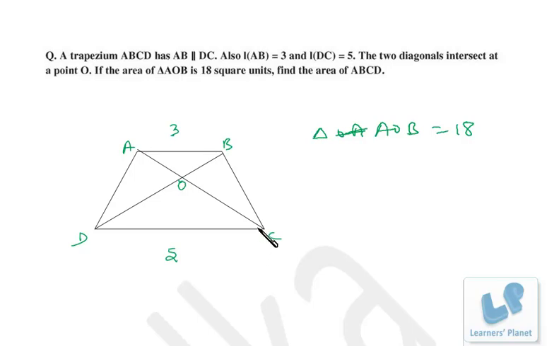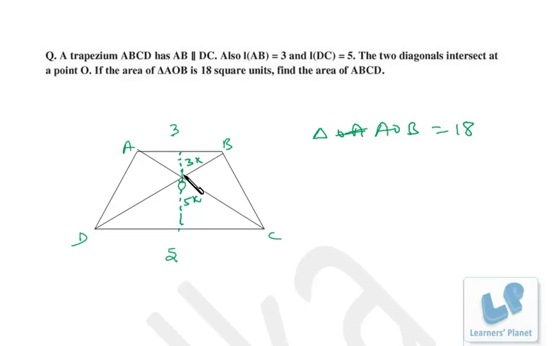Now the concept that we will use here is that triangle AOB is similar to triangle DOC. If two triangles are similar, their sides are in ratio, and similarly their altitudes will also be in the ratio. So the altitudes of this and this are supposedly 3K and 5K, because the base is 3.